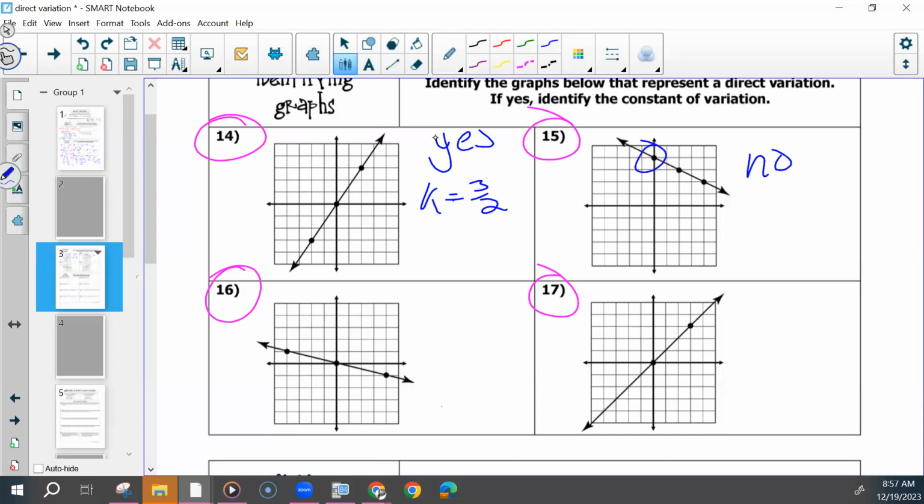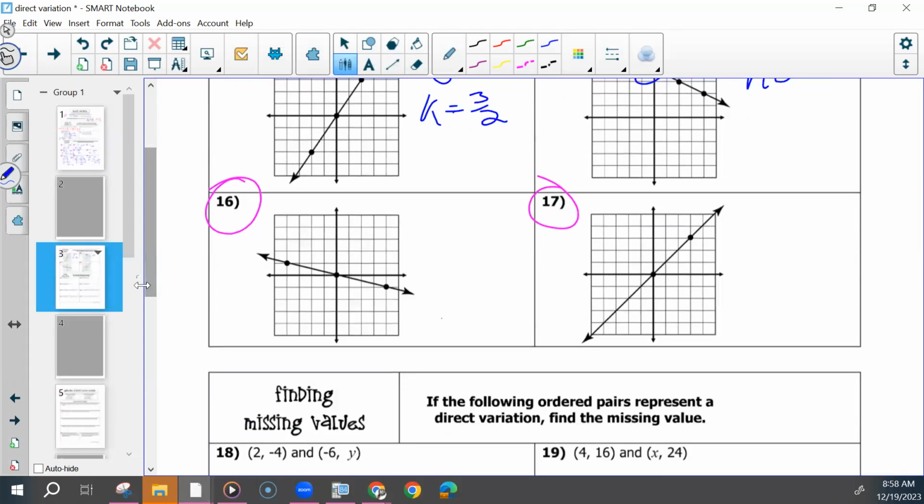Is 16 direct? Yes. What is the k value? -1/4. And then is 17 direct? Yes.